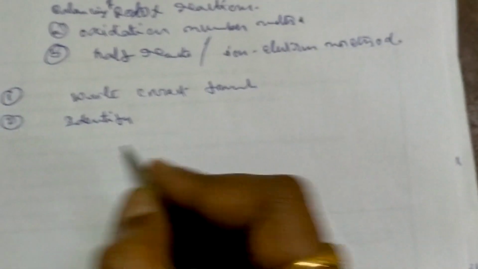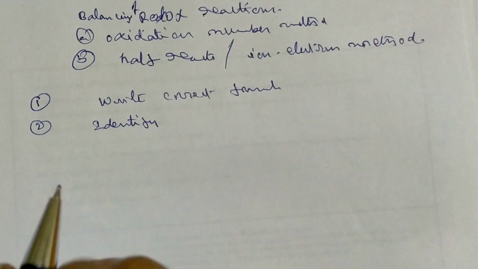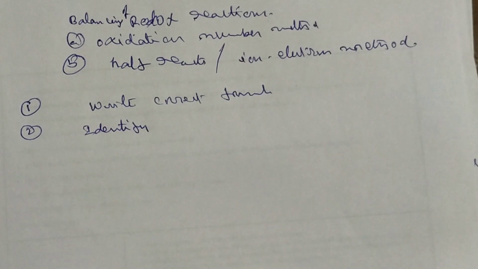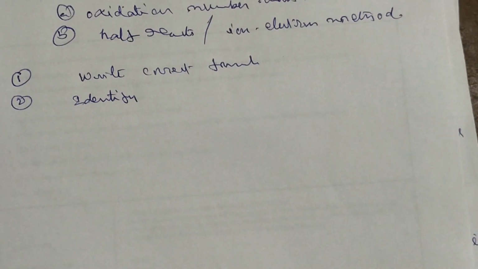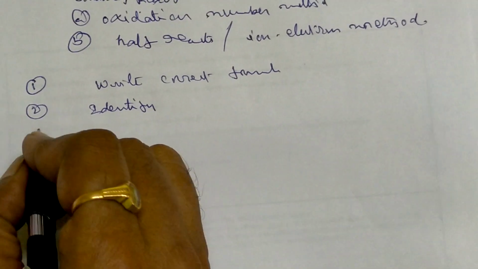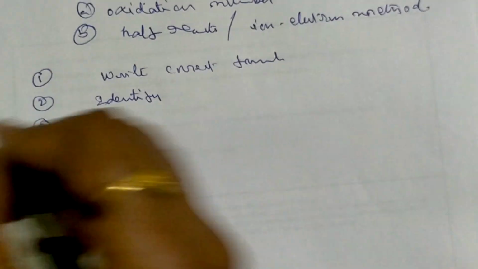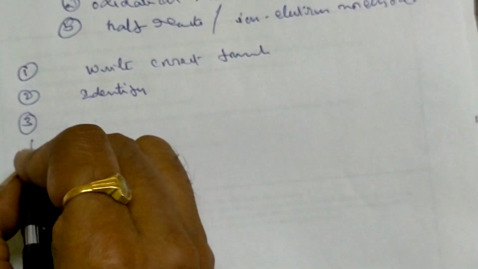Then calculate the increase or decrease per atom. You always remember it is per atom or per mole or per ion. That is the third. The fourth one is adjust the coefficients.